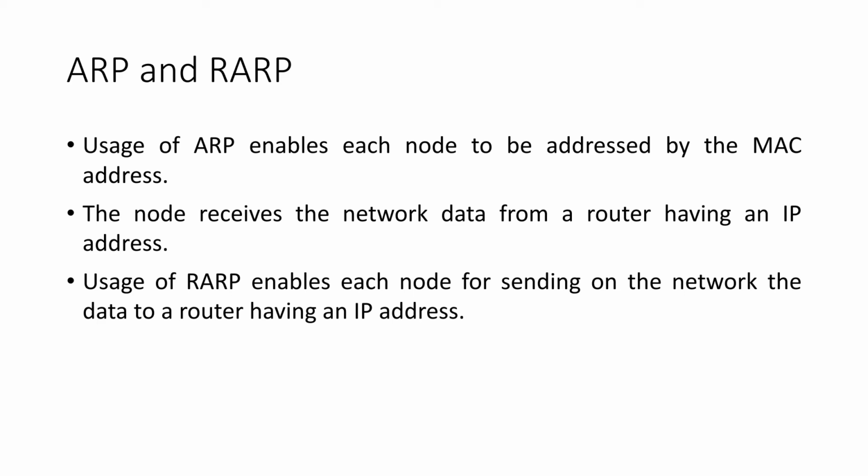Here ARP and RARP can be used for address translation. RARP enables each node to send data on the network to a router having an IP address. ARP is the address resolution protocol, and RARP is the reverse address resolution protocol.